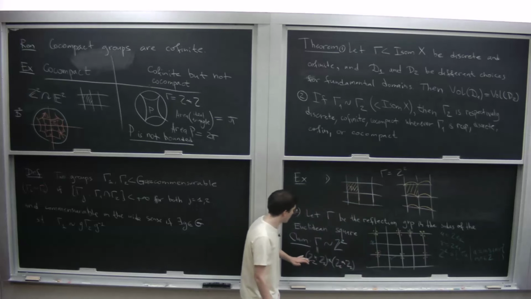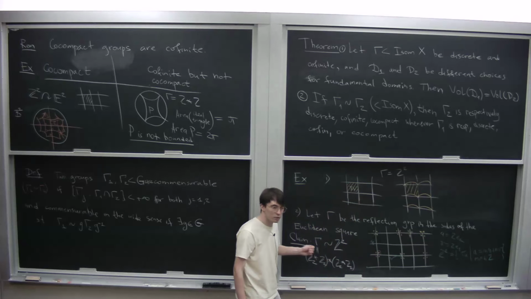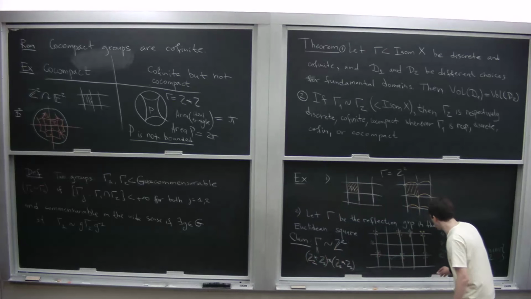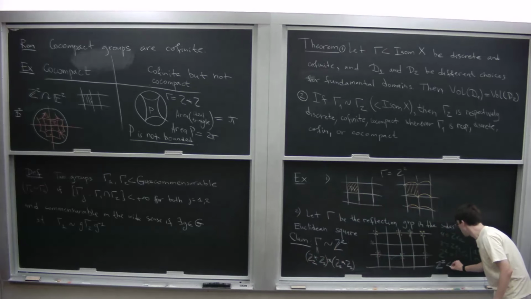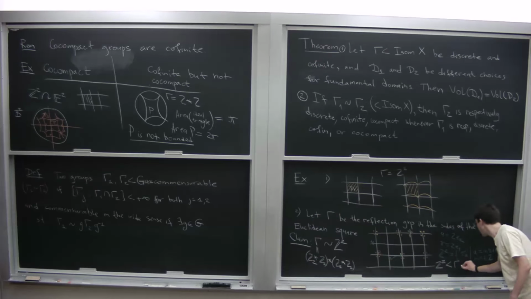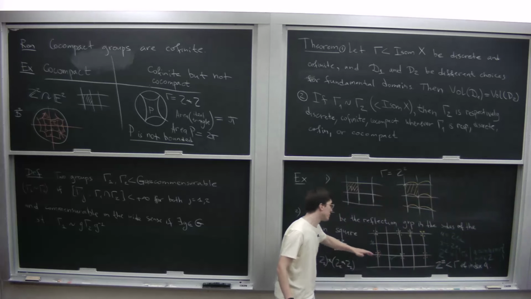And in fact, I'm taking one element from here, a translation, and the translation from here, and it gives me the subgroup Z squared, so Z squared is just a subgroup of gamma. And what is the index? Index 4. And indeed, let us find the orbit of Z squared.